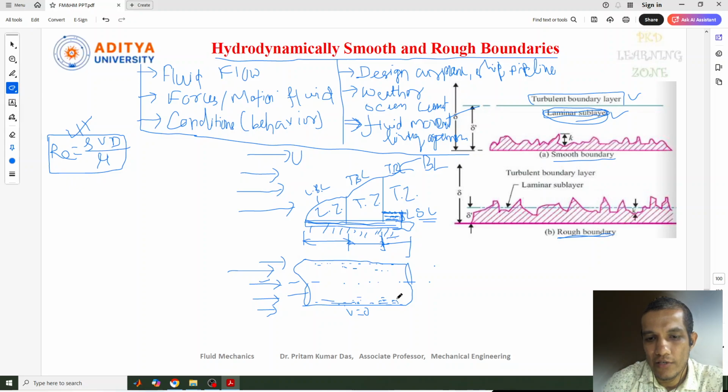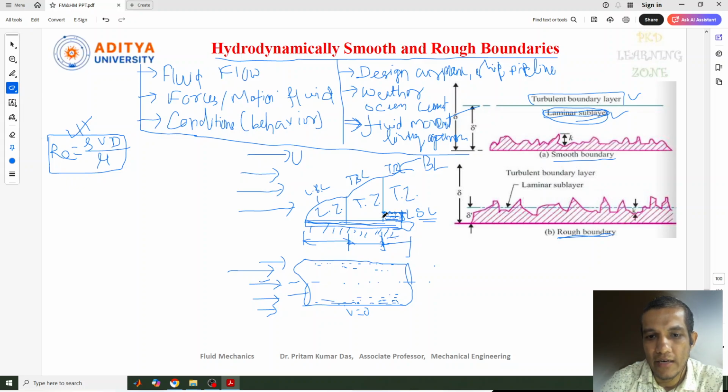So at this zone also, we call it a laminar sublayer. That means at this zone the flow will be laminar. Though the zone is turbulent, or the turbulent boundary layer is there, at this height, at this position, your flow will be laminar, because of the generation of the surface, some kind of roughness at the surface, or some particles settled here.